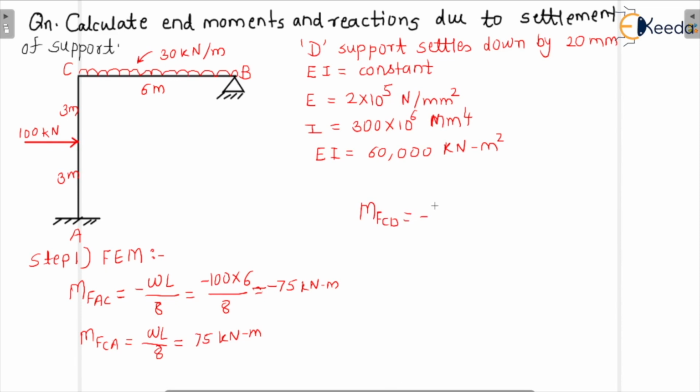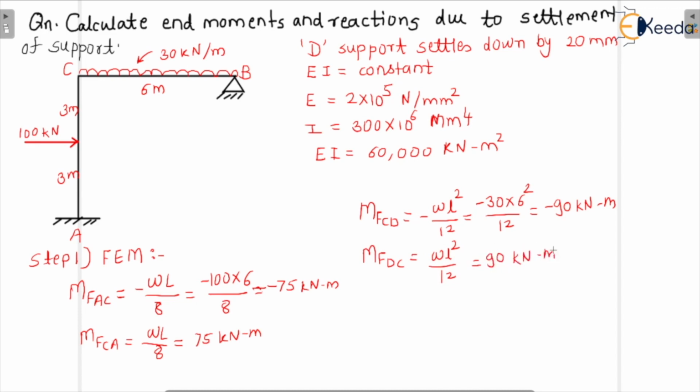Because it's a UDL, it is minus WL square by 12, so minus 30 into 6 square by 12, which is minus 90 kilonewton meter, and MF of DC is WL square by 12, which is 90 kilonewton meter. Okay, now these are the fixed end moments, so we are done with the fixed end moments.